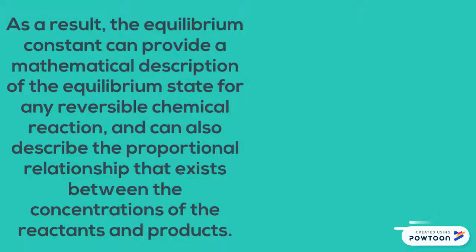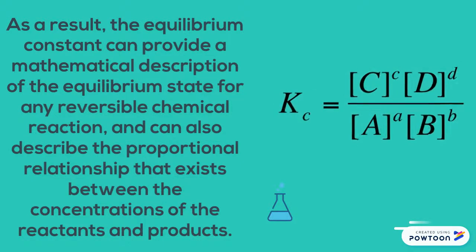As a result, the equilibrium constant can provide a mathematical description of the equilibrium state for any reversible chemical reaction, and can also describe the proportional relationship that exists between the concentrations of the reactants and the products.